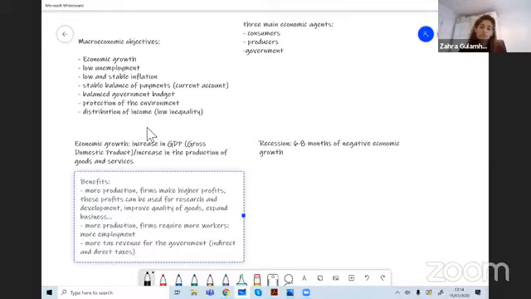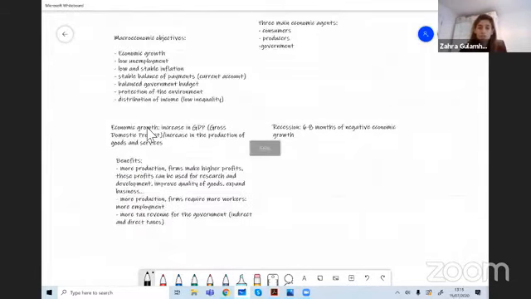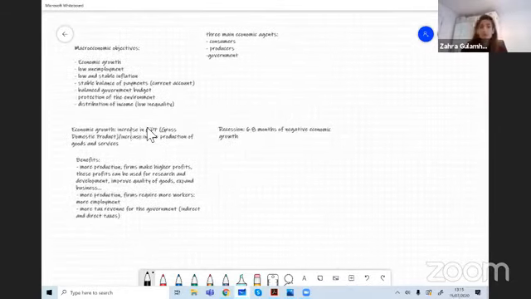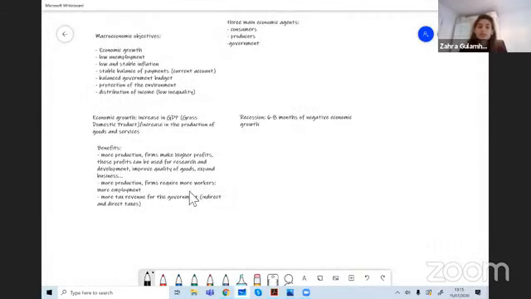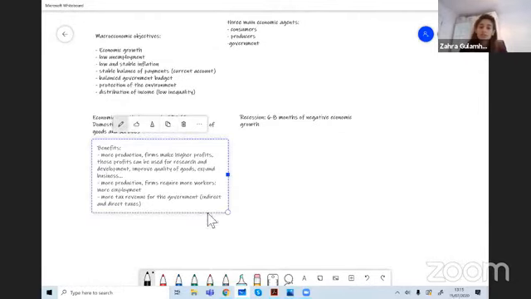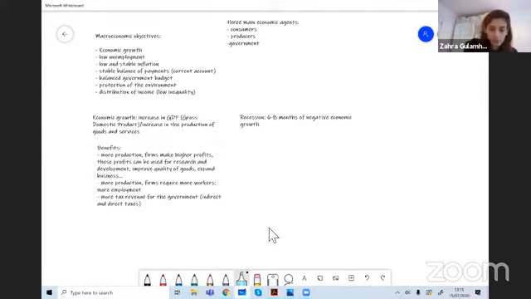Remember, direct taxes, we have income tax, which goes straight out of our pockets once we earn our wages. So that's called direct taxes. On the other hand, we have indirect taxes, which is, for example, VAT. Let's put that here. So you've got indirect, for example, we have VAT.